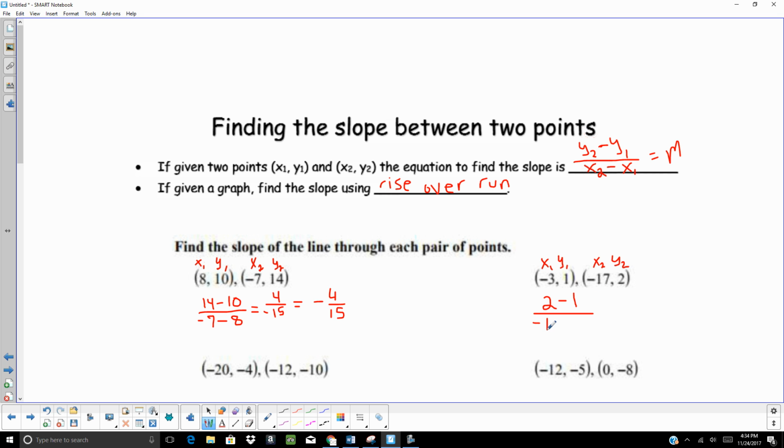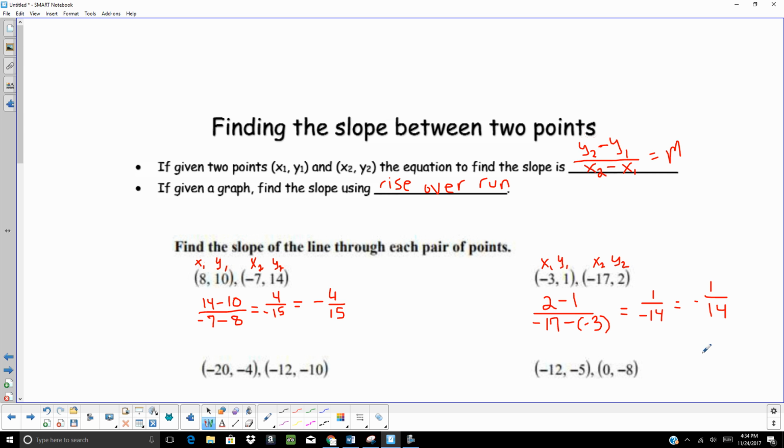Negative 17 minus negative 3. Be careful not to just put negative 17 minus 3. We have to have two minuses because it's always minus that value. And in this case, we have another negative because it's negative 3. So that's going to give me 1 over negative 14, which would just simply be negative 1 over 14.